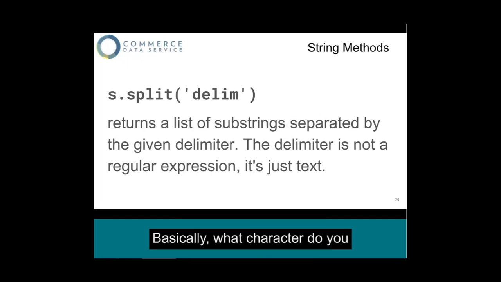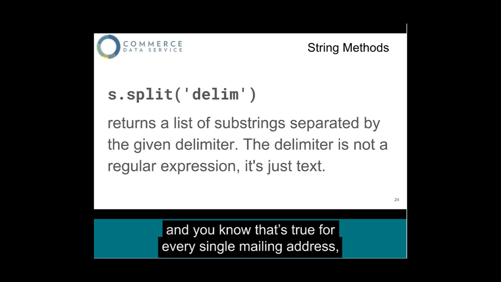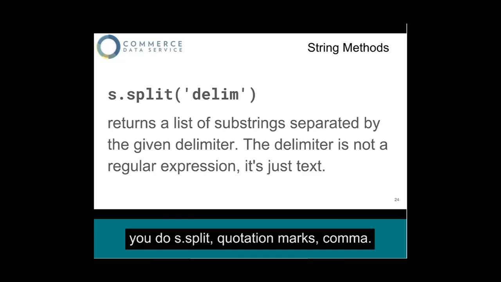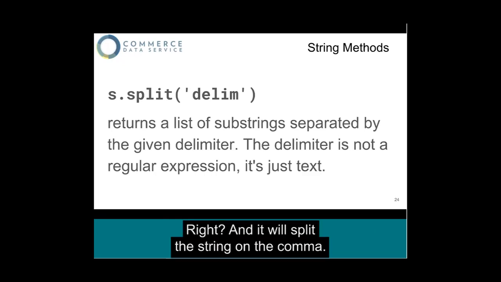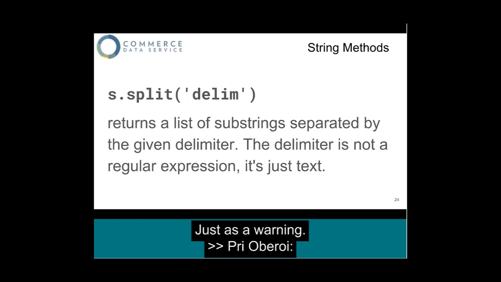Basically, what character do you want to split the string on? So if the zip code is separated from the state by a comma, and you know that it's true for every single mailing address, you do s.split(","), and it will split the string on the comma. And again, it does not take regular expressions, for people who know what regular expressions are, just as a warning.